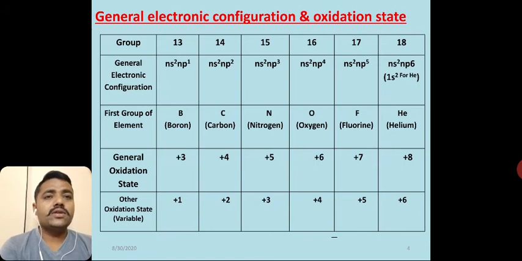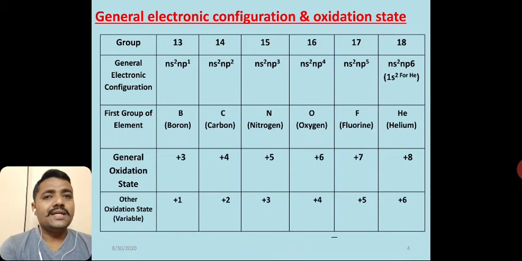Now the general electronic configuration. For the 13th group of elements it is ns2 np1. You can apply it for all 13th group elements: ns2 np1. n means principal quantum number, and as the period changes, that is first period, second period, third period, up to the 7th period in the periodic table, the principal quantum number will change.